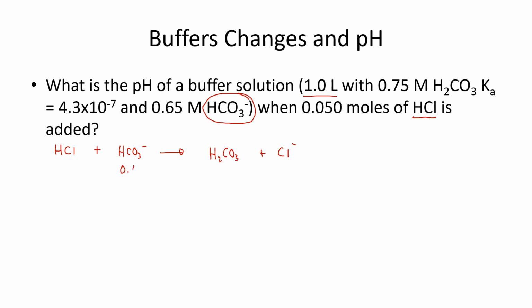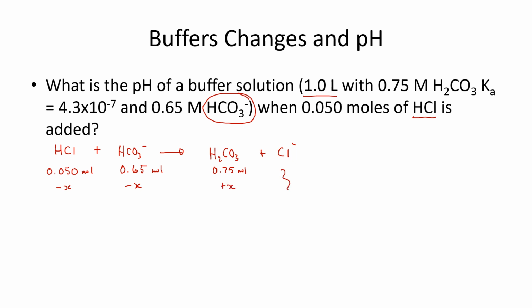Right, so let's put the values in. Our number of moles of the conjugate base here is 0.65 to begin with. We're adding in 0.05 moles of the acid. And to start with, we have 0.75 moles of this acid that is being produced afterwards. So the reaction is going to go to the right, right? We're going to use up some of those two, and we're going to gain some of this, and who cares about the chloride?